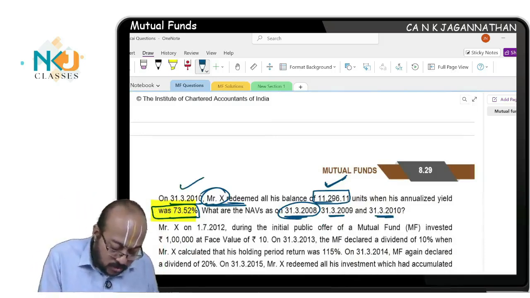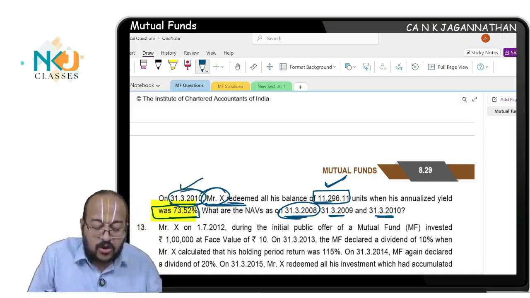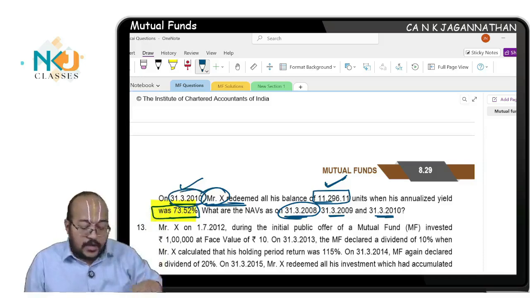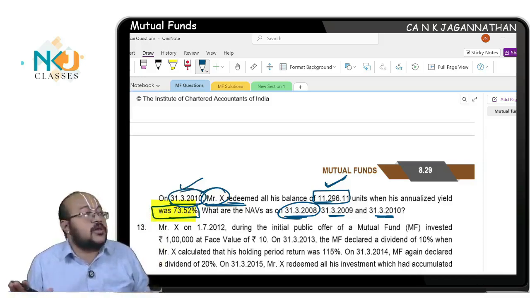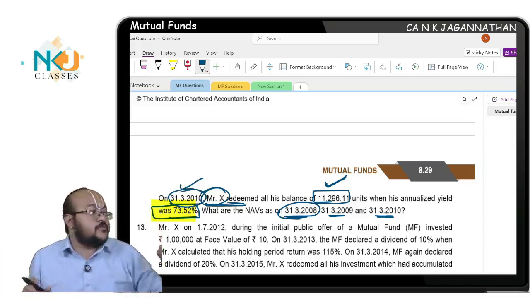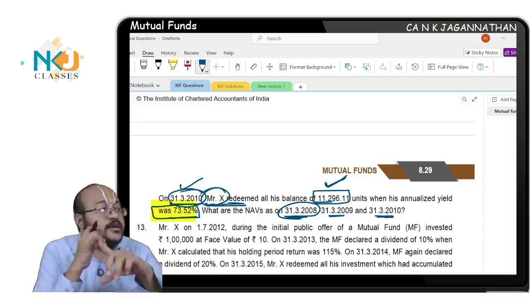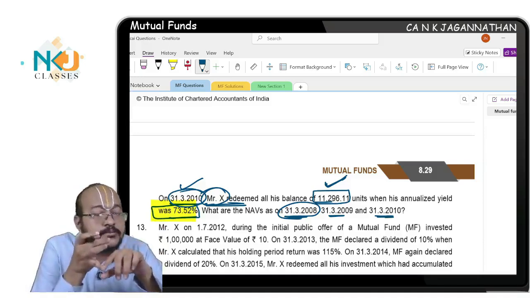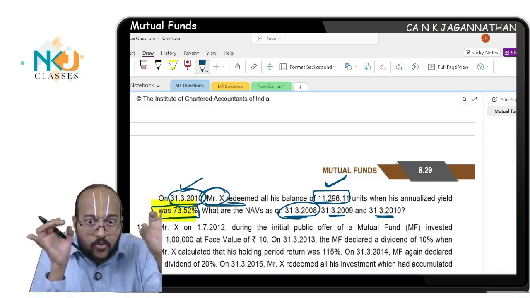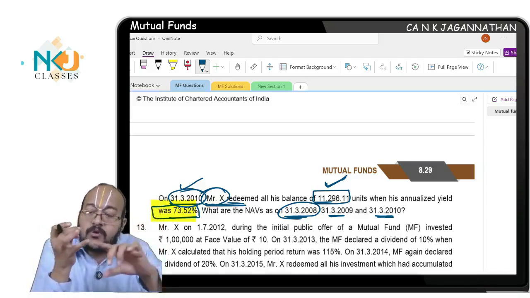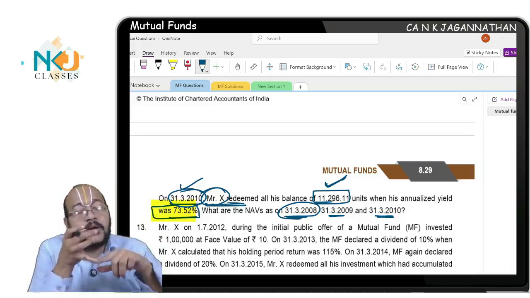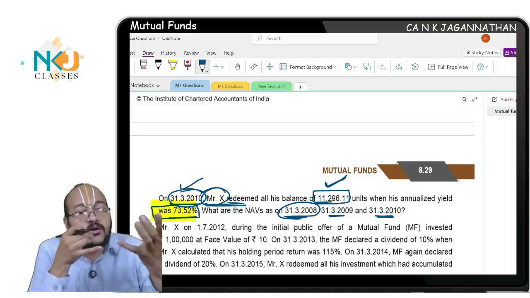But what they have told us is that at the end of year 3, 31/3/2010, Mr. X redeemed all his balance 11,296.11 units, which means in the third year end, I am redeeming all the units. No dividend data is given, which means in the third year you are not receiving any dividend, correct? So the second year end closing balance, which you don't know, will consist of the opening balance of the second year plus additional units converted from the dividend.